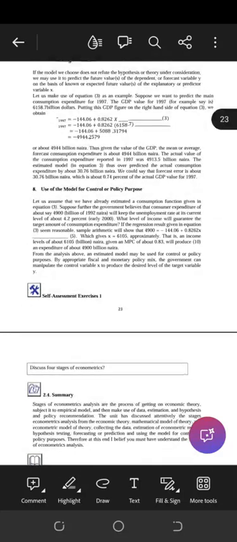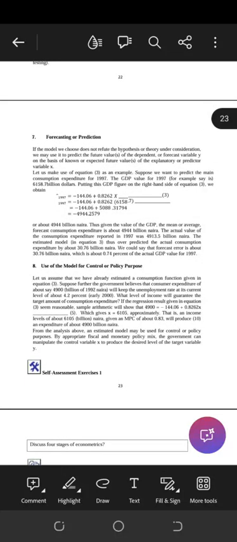What level of income? So the thing is, they want to maintain that consumption at 4,900, right? In the first one we did, which is for prediction or forecasting, we had a value for the independent variable and wanted to see the future value of the dependent variable. But here, for control purpose, it's like consumption targeting.